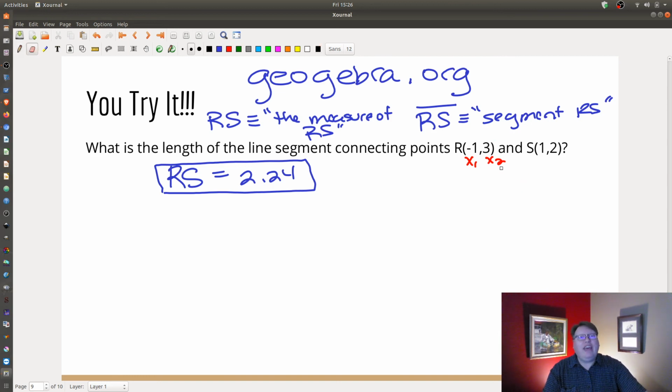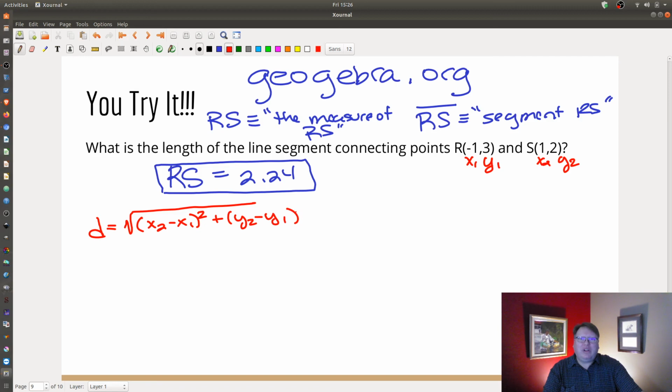We're going to write down x1, y1, and x2, y2. So our distance is equal to the square root of (x2 minus x1) squared plus (y2 minus y1) squared. By the way, guys, you need to memorize that formula. That is something you should commit to memory.